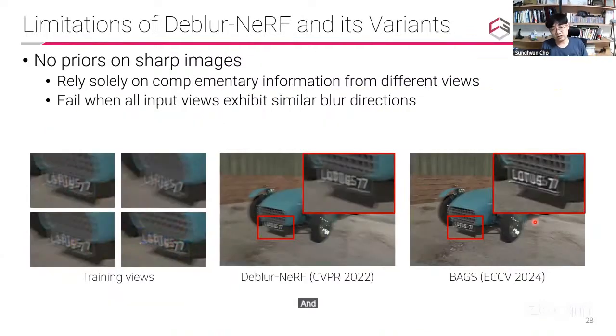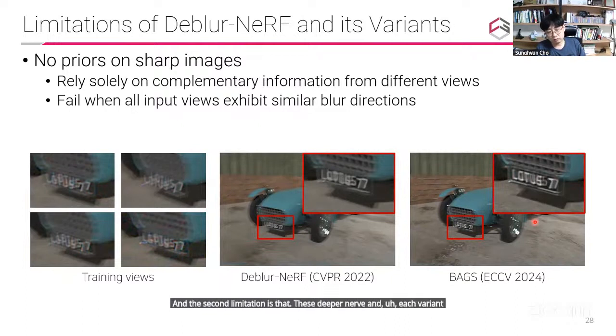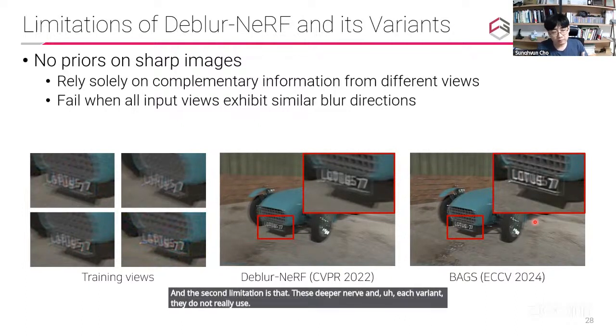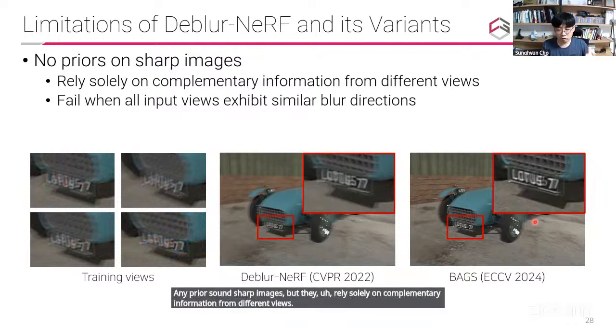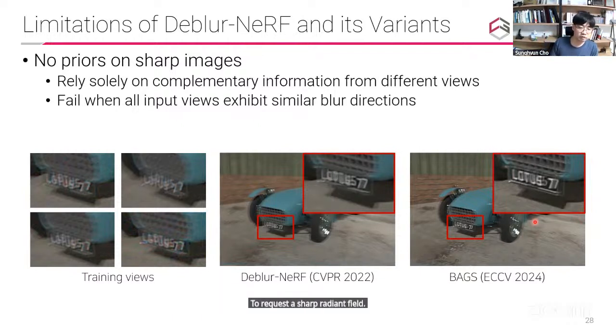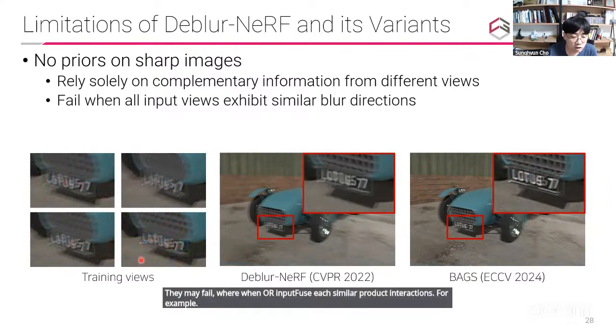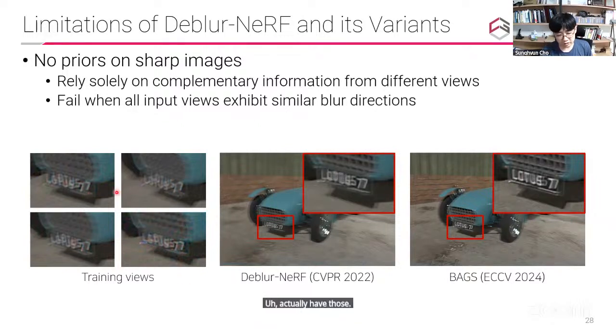The second limitation is that DeblurNeRF and its variants do not really use any priors on sharp images, but rely solely on complementary information from different views to reconstruct sharp radiance fields. Because of that, they may fail when all input views exhibit similar blur directions. For example, here we have multiple input blurred images that have similar blur.